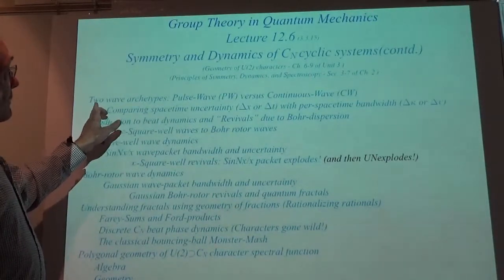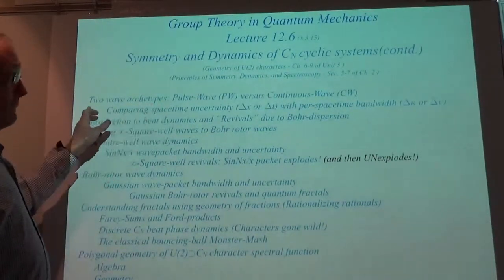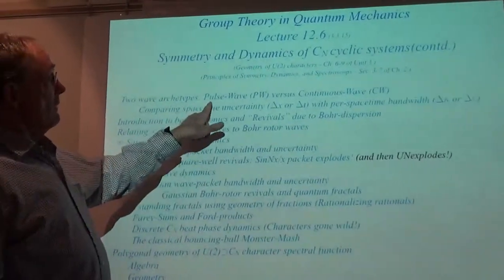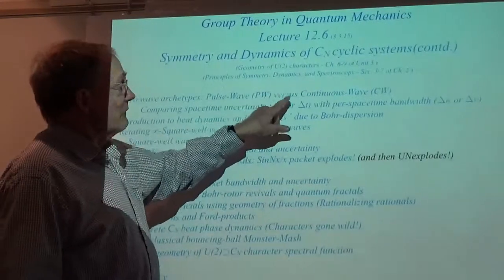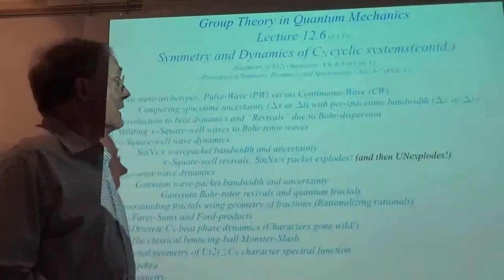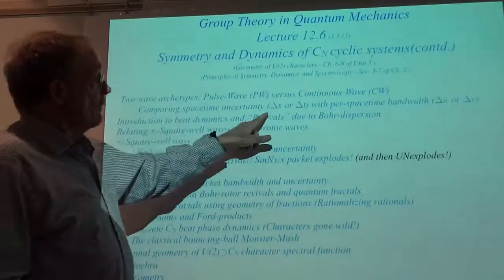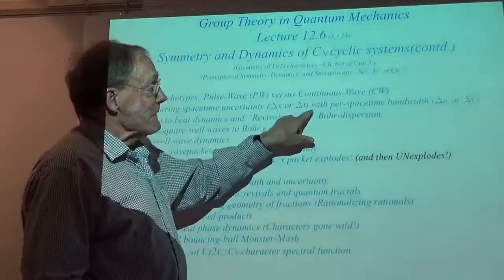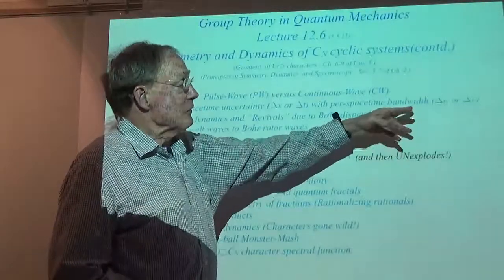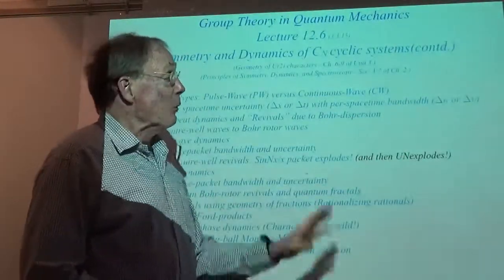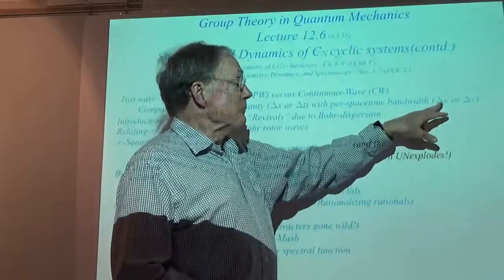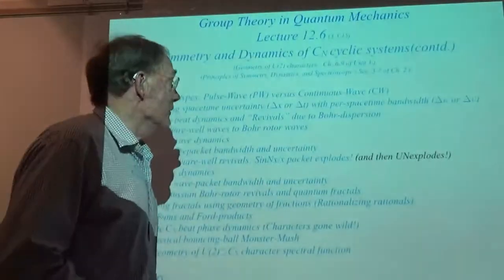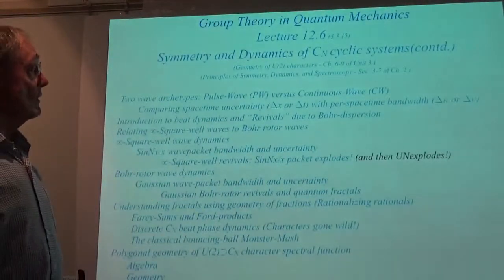And I want to also, with this particular continuum, talk about the distinction between a pulse wave and a continuous wave, and the ideas of uncertainty in both space-time and per space-time, which involves the wave vectors, wave numbers, numbers per space, numbers per time. Frequency is what we're talking about there.